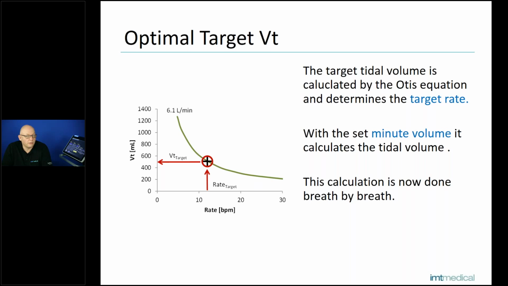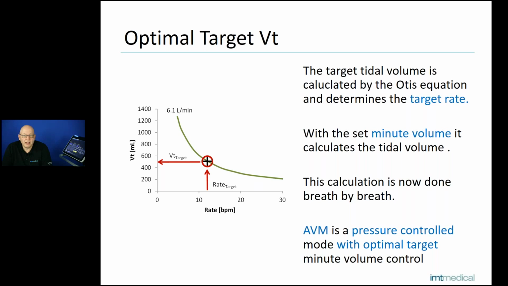It's important to know that it's always looking for the best point and the least work of breathing for this patient during ventilation. So AVM is a pressure-controlled mode, but with an optimal target control.